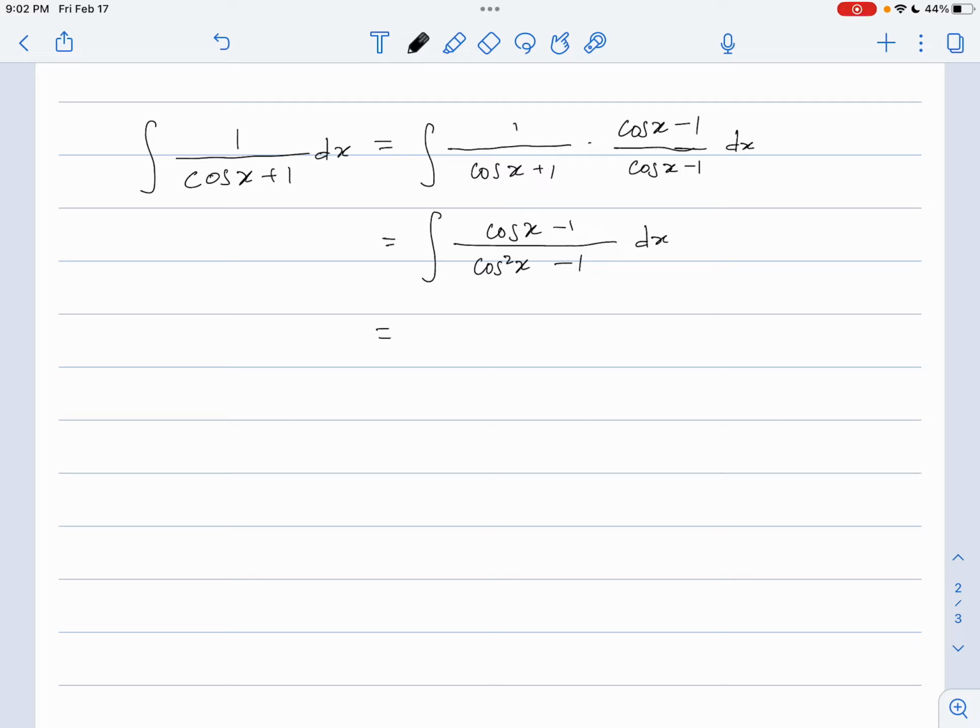And we have a factor of negative sign in the denominator, so we pull out the negative sign. I show you all the steps to avoid confusion. And based on this, we will get this.